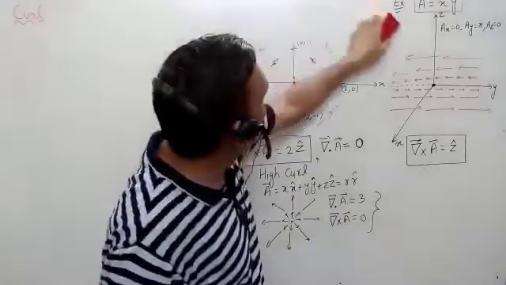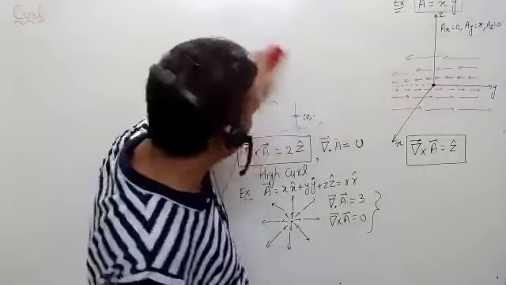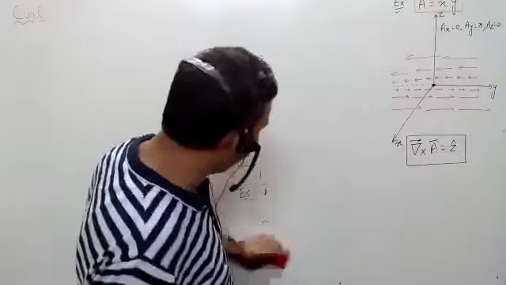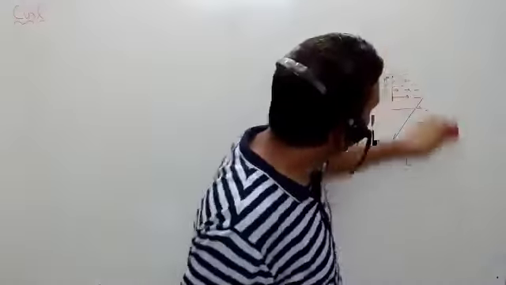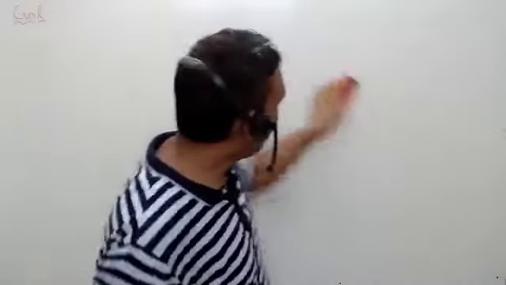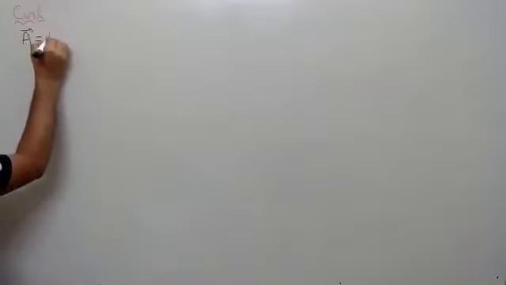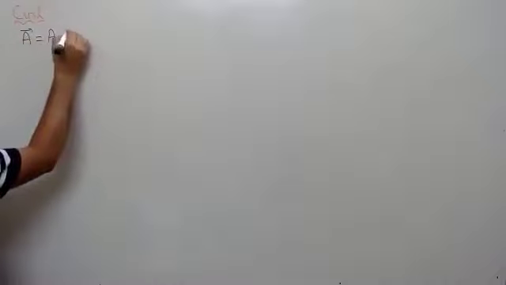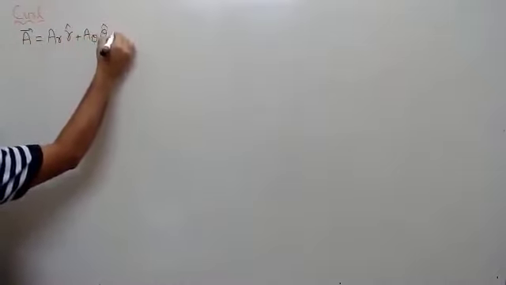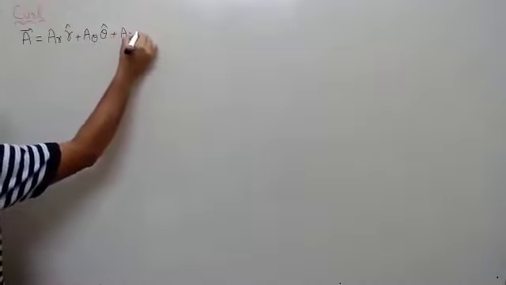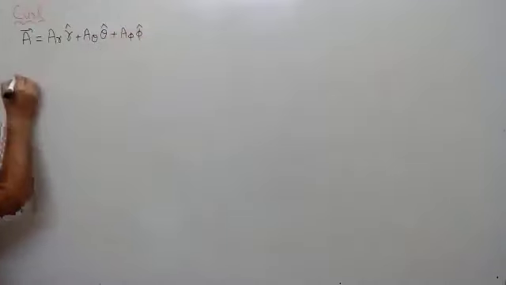So now we will see how to find curl in spherical polar and in cylindrical coordinates. So again you have to remember the formula for curl in spherical polar and cylindrical coordinates. In spherical polar coordinates, vector A is Ar r cap, A theta theta cap and A phi phi cap.